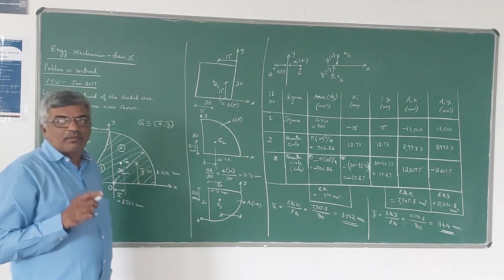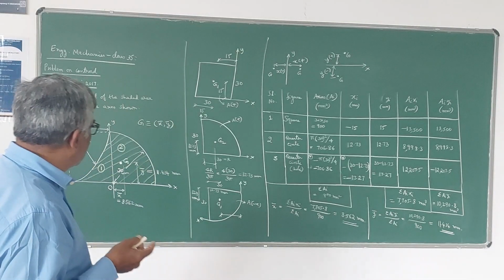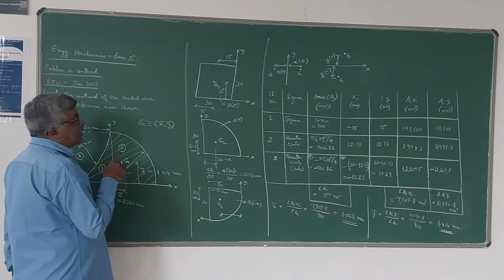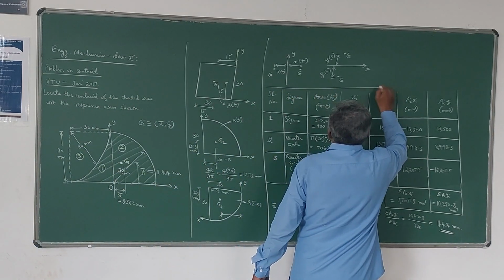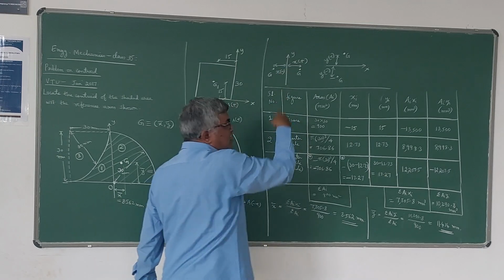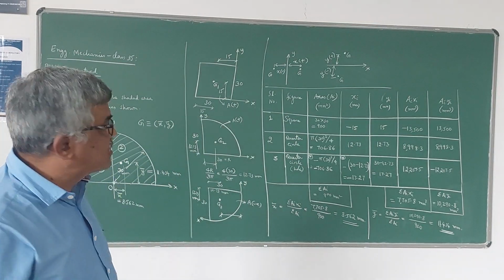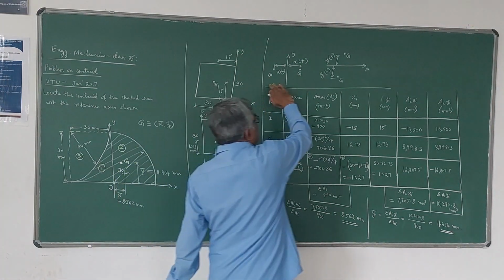Why I have taken this problem here is that in the exam, in the problem itself, the axes of reference, x-axis and y-axis, are given, and when you are measuring distances, you should be very careful. This is the sign convention you have to use. If your centroid lies to the right of the y-axis, the x distance is positive. If it lies to the left of the y-axis, the x distance is negative.